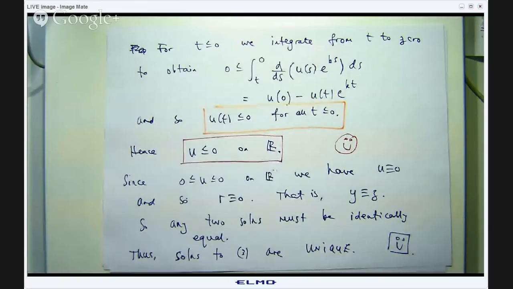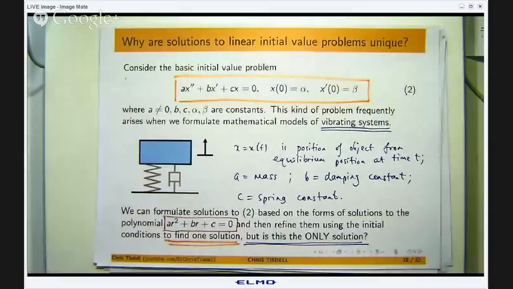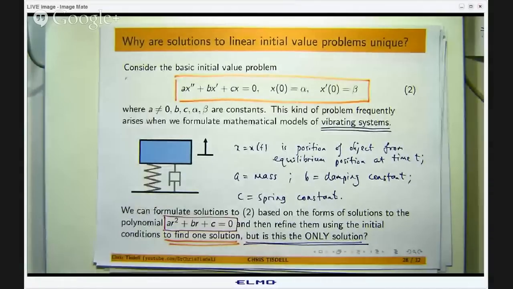That is the proof for why solutions to these basic initial value problems are unique. That's why there's one and only one solution to these kinds of problems. Now, on physical grounds, we would expect there to be one and only one solution to the problem.